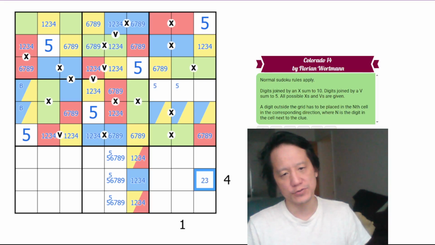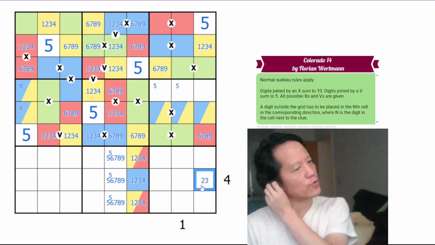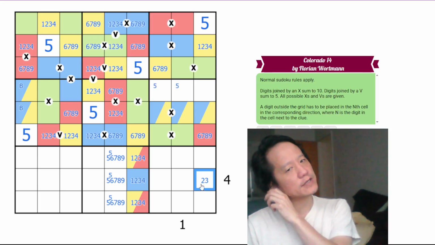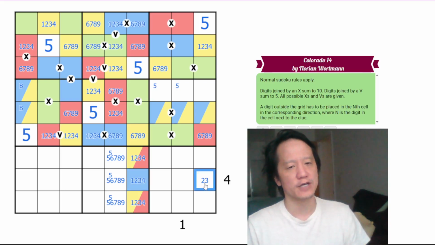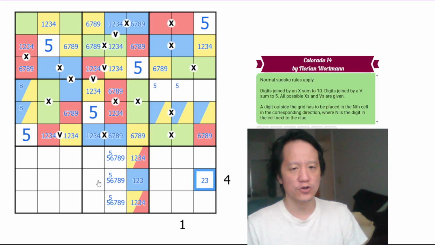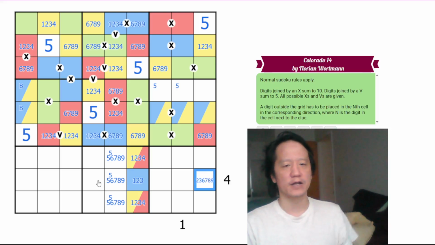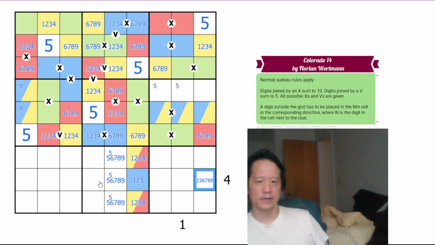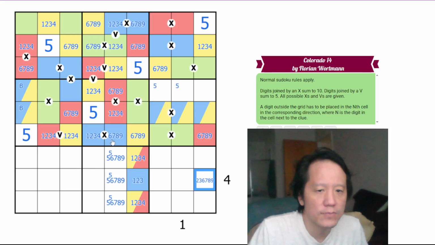It could be 2, 3. Cannot be 4, because if it were 4, then it would say that 4th is in the 4th spot when it's actually in the first spot. So this can never be 4. Can't be 5. Could be 6, 7, 8, or 9 here. And this could be any digit, really.